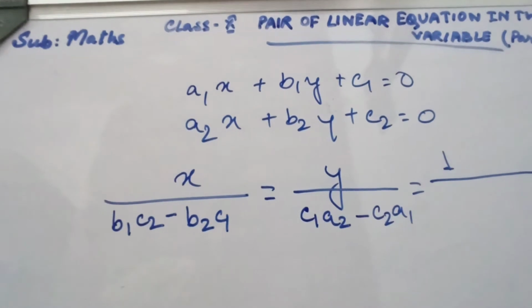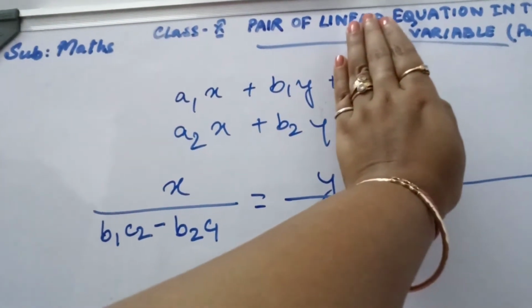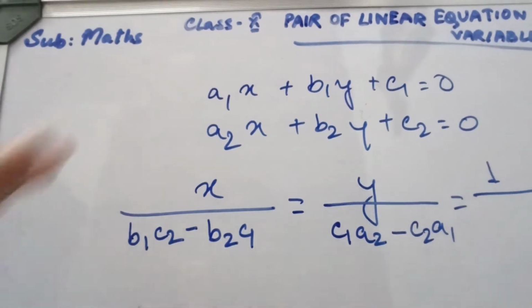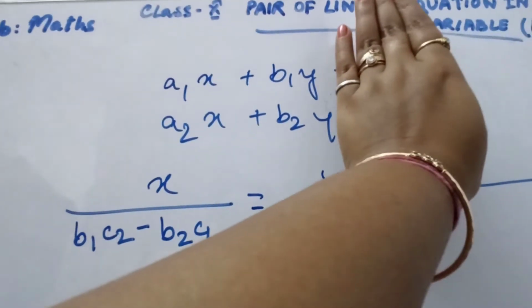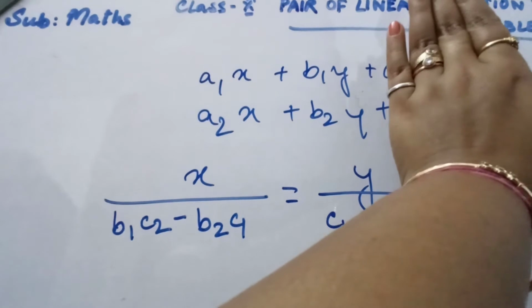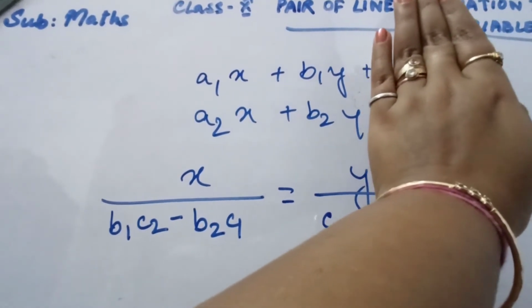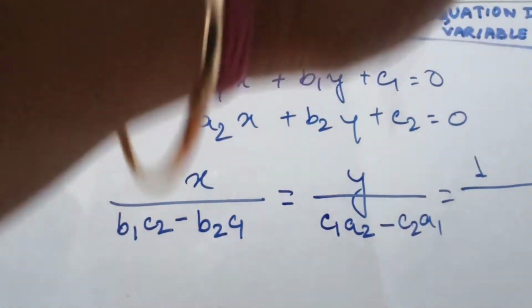Next again we'll cover the third one. Okay, and what remains is only this portion: a1x plus b1y, a2x plus b2y.